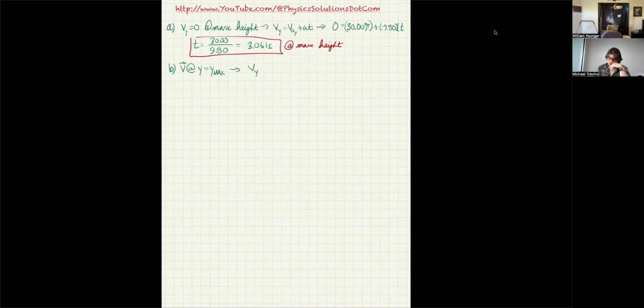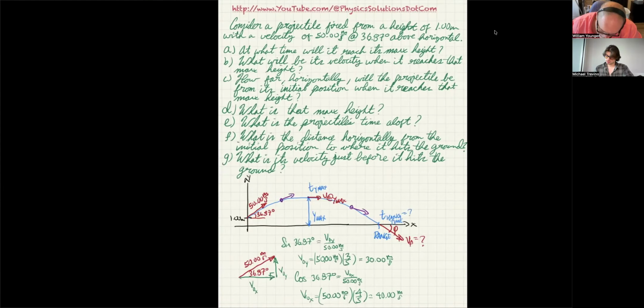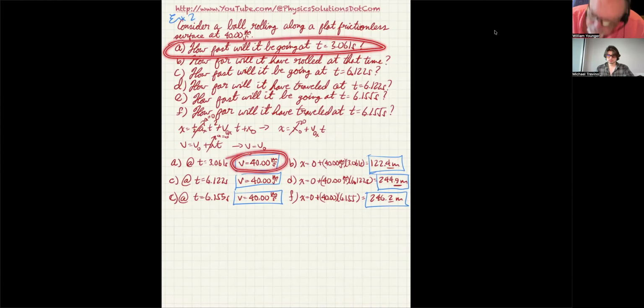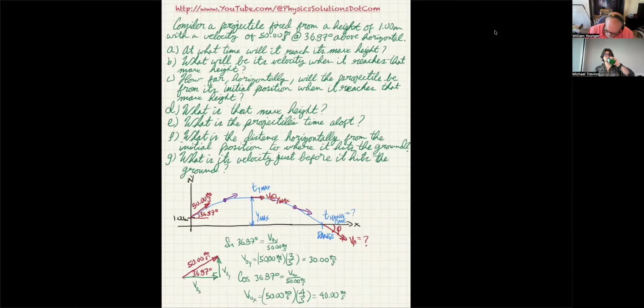Well, Vy is equal to 0 at max height. But Vx is equal to 40.00 meters per second. And we know that because in example 2, we found at 3.061 seconds, how fast will it be going? 40 meters per second, right?